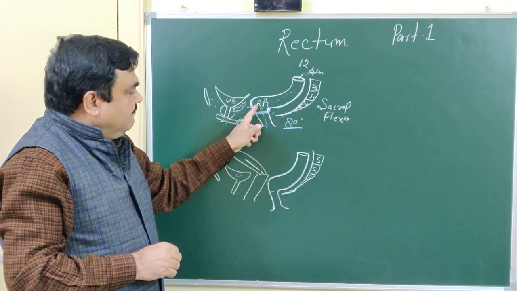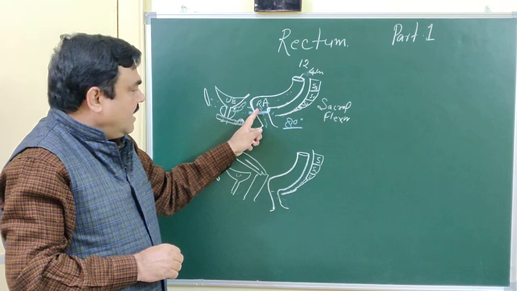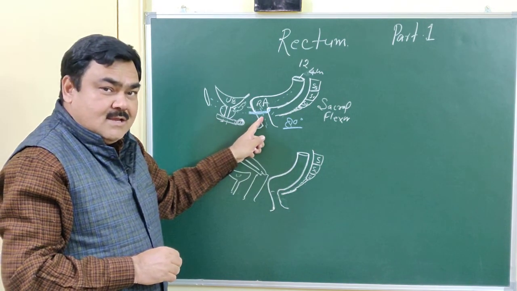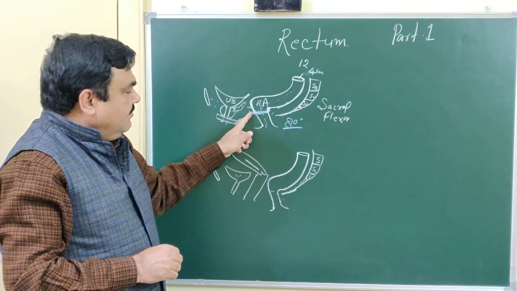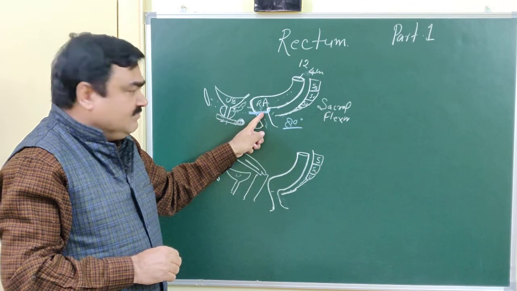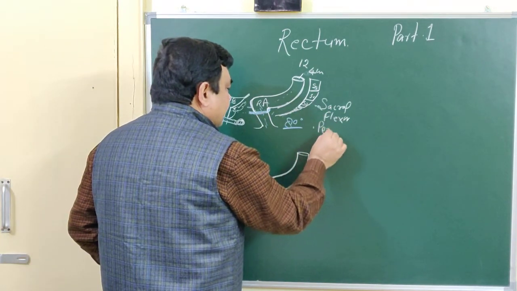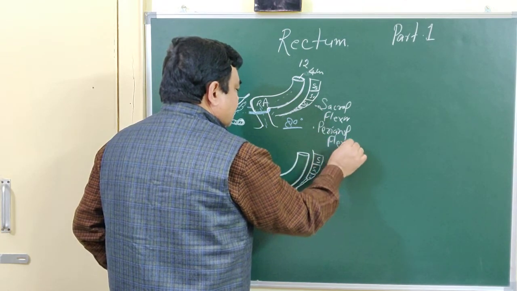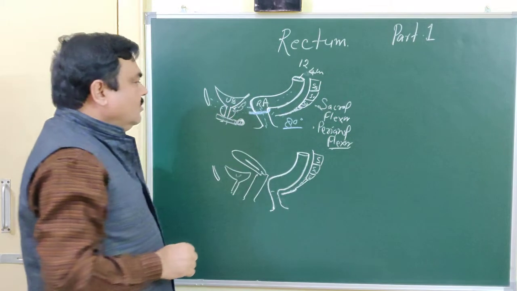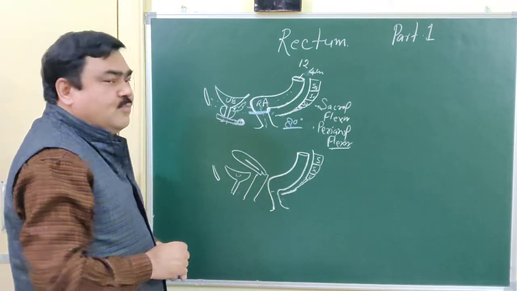Here it bends backward and downward and is continuous with the anal canal. This angle is maintained by the puborectalis muscle. So this is the perineal flexure. So two flexures in anterior-posterior view.